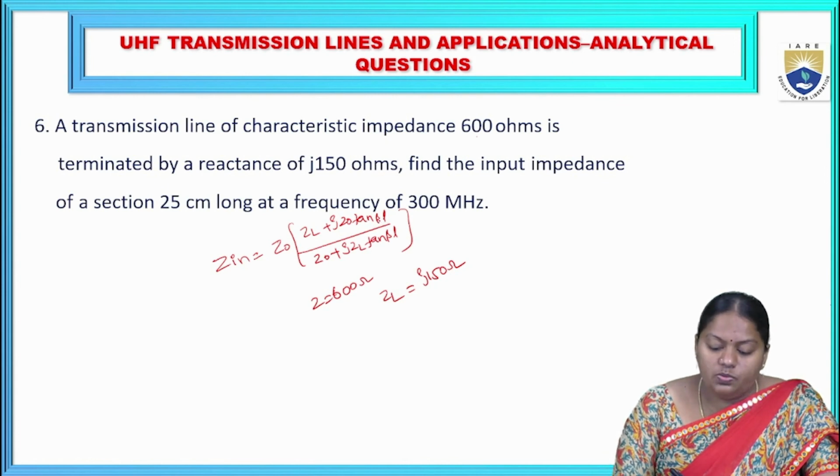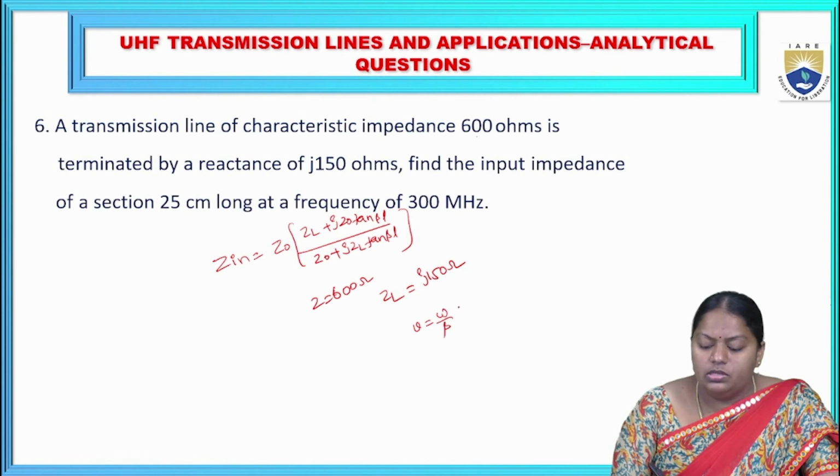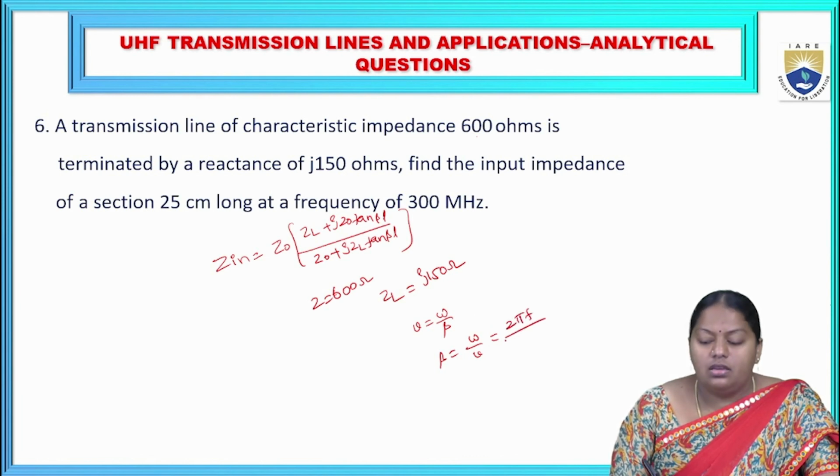And in order to find this beta, again velocity equal to omega by beta should be used, and from this beta equal to omega by velocity, that is 2 pi f by velocity. The velocity value is 3 into 10 power 8 meters per second, and f value is 300 megahertz, that is 300 into 10 power 6 by 3 into 10 power 8 meters.